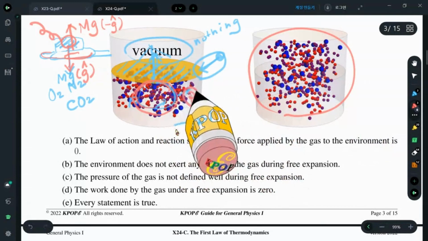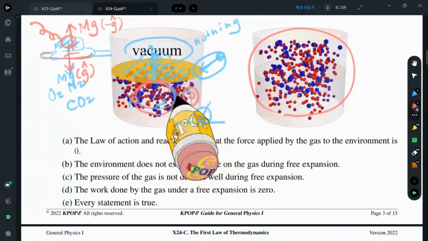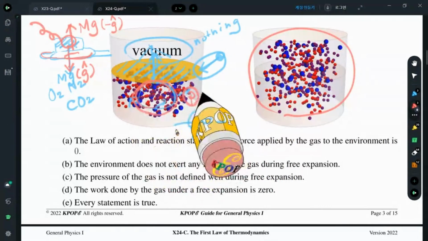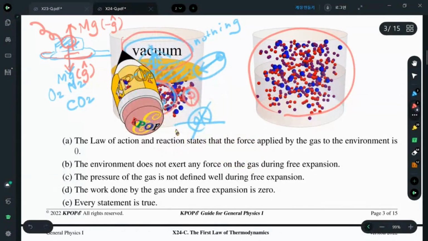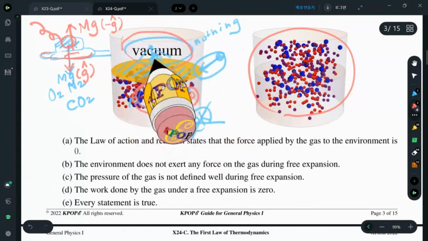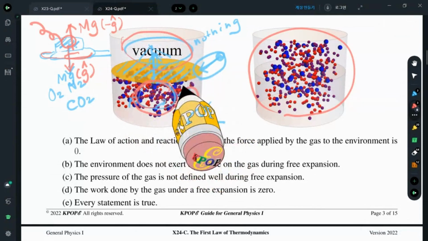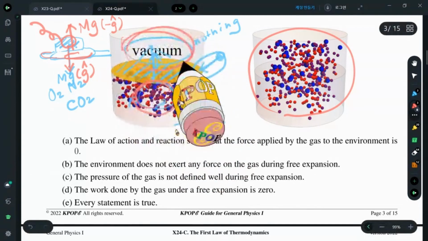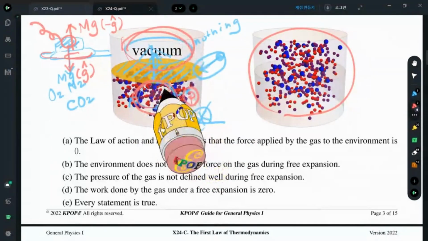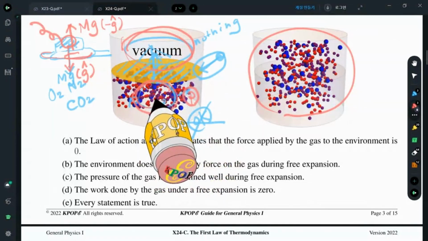Even though it has its own pressure, in order for this gas to work in either positive or negative sense, there should be something to apply the force to make a complete cancellation in equilibrium. But there is nothing applied, so this gas does not apply any force.